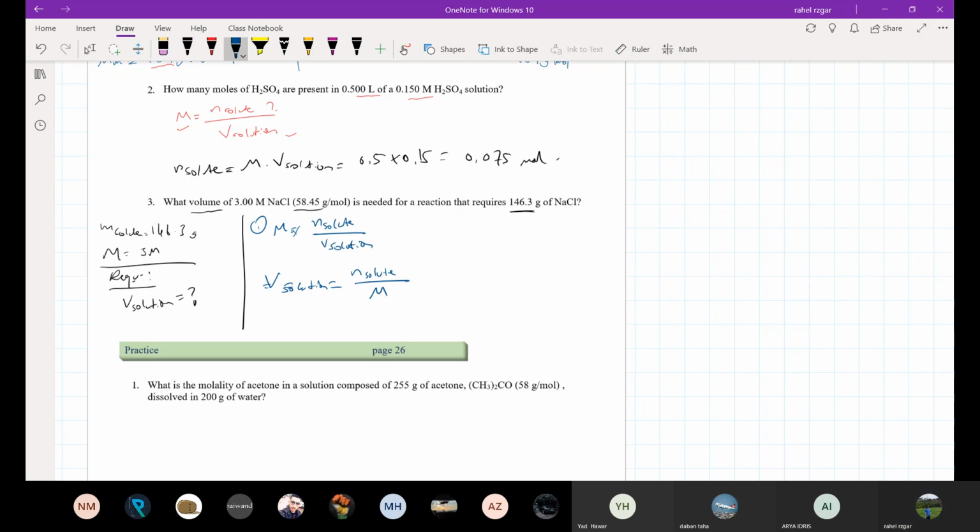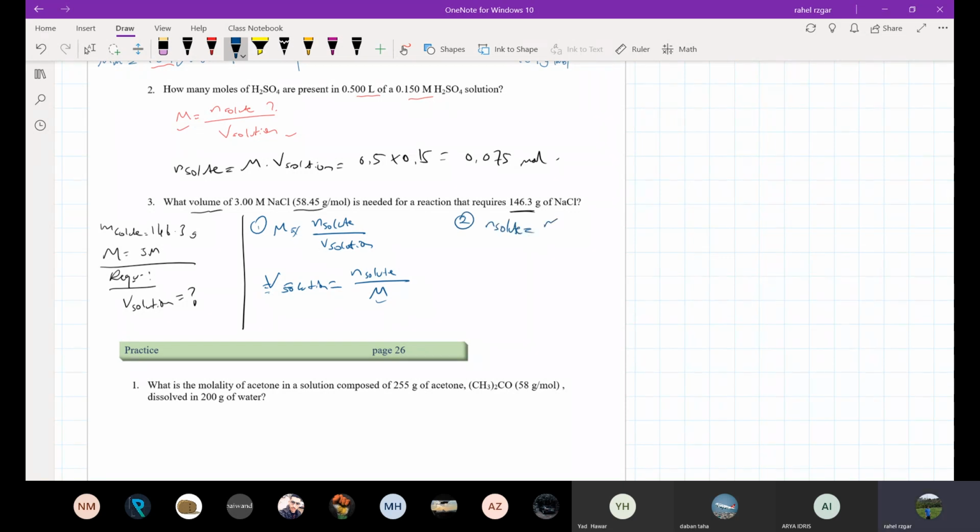We have molarity, not a problem, but we still don't have mole of solute.